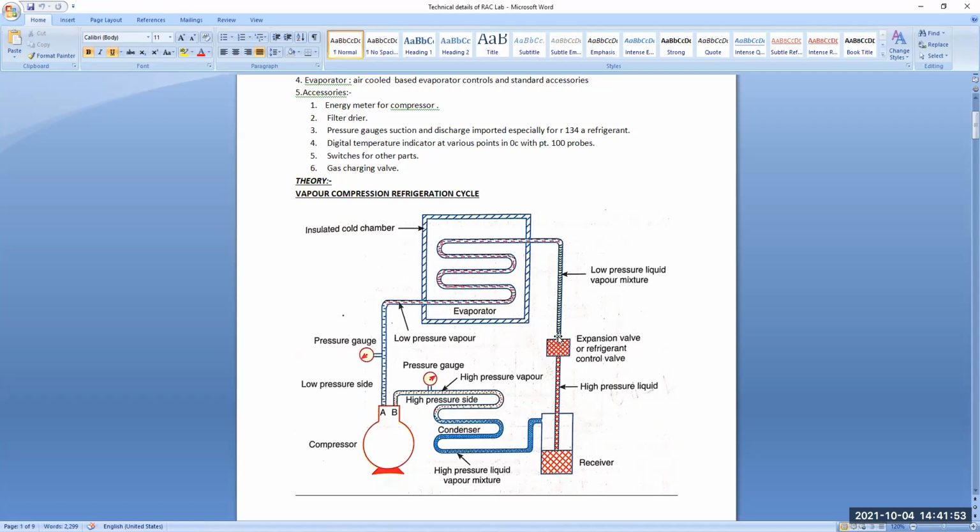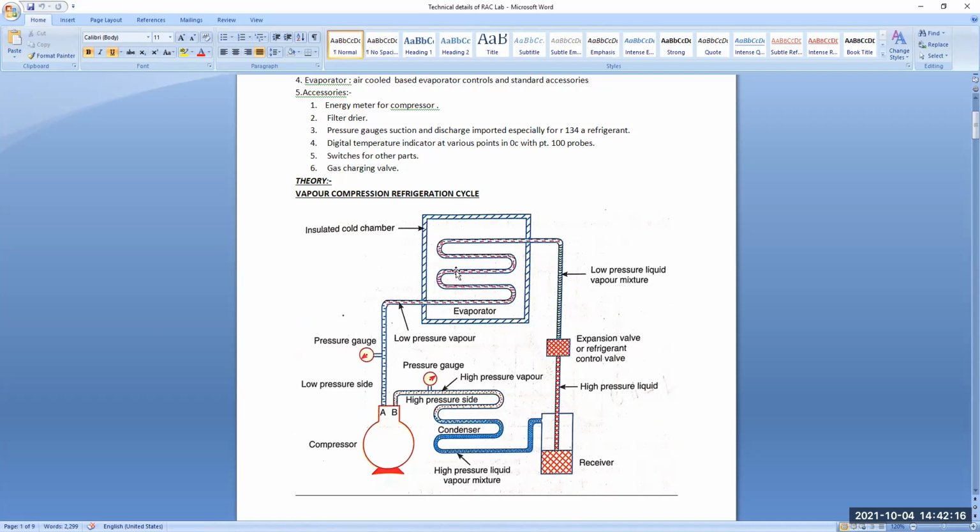From the expansion valve, it becomes a low pressure liquid-vapor mixture. From here it goes through the evaporator, where it is vaporized by drawing latent heat from the cold chamber itself, thus making the chamber cold.